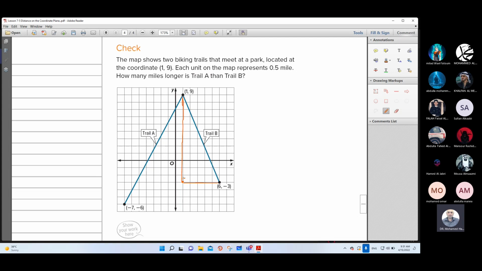Now we have a right triangle. We can count now: 1, 2, 3, 4, 5. And here: 1, 2, 3, 4, 5, 6, 7, 8, 9, 10, 11, 12.